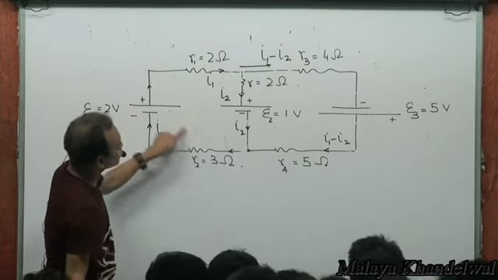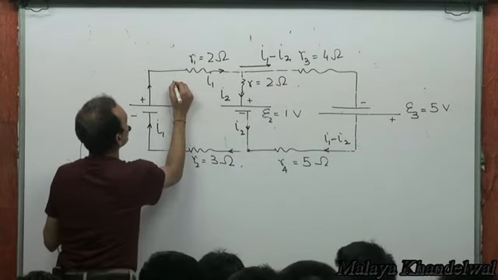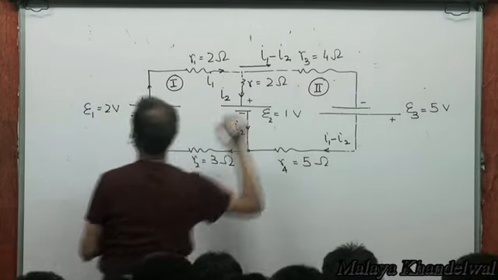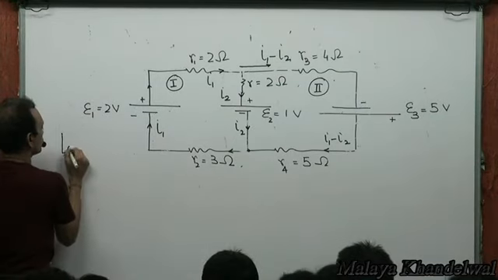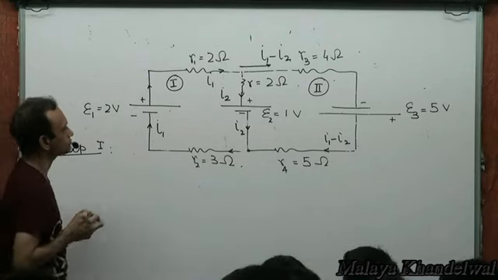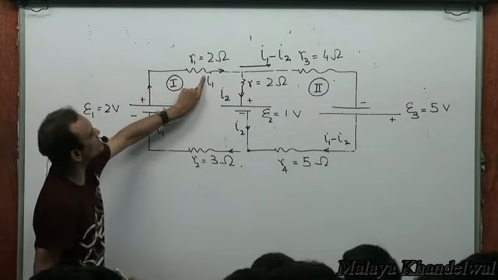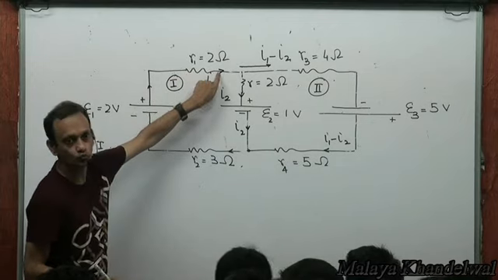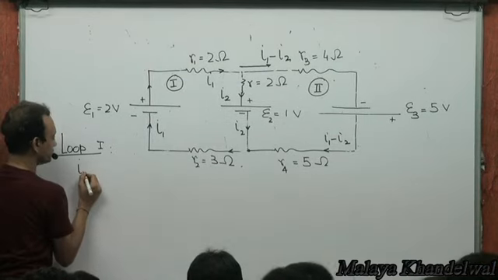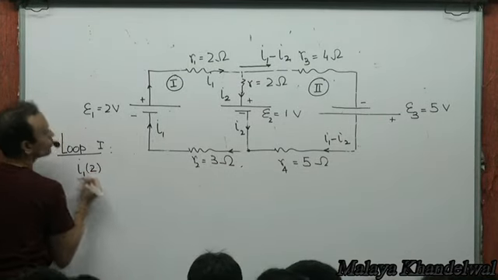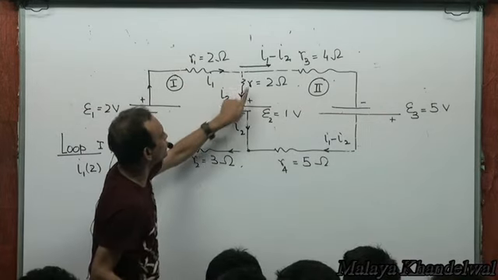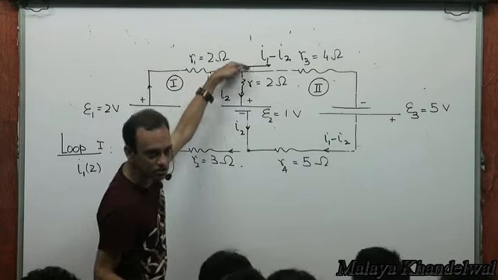Now let me apply KVL to this loop. Let me call it loop 1, and this loop 2. Drop across this resistance is I1 into 2. Then I2 into small r, that means I2 into 2, is the drop across this resistance, right?